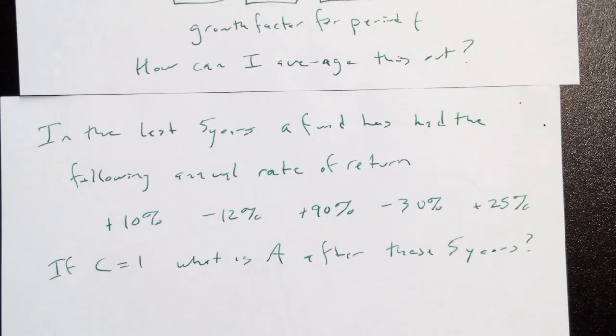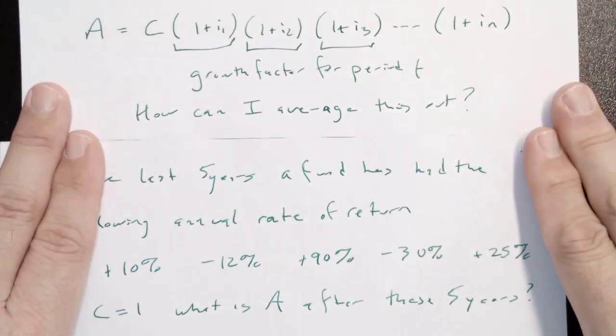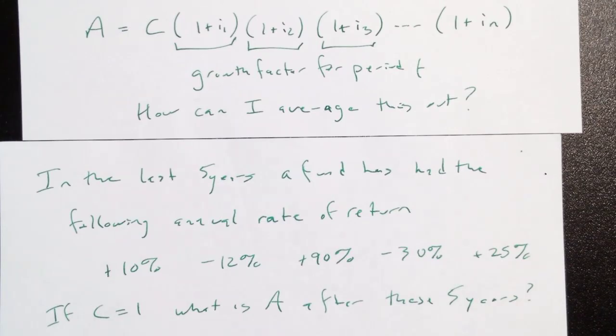Well, that's exactly the formula that just rolled off the top of the screen here, where n is 5. Tell me what you get. How did you get that?